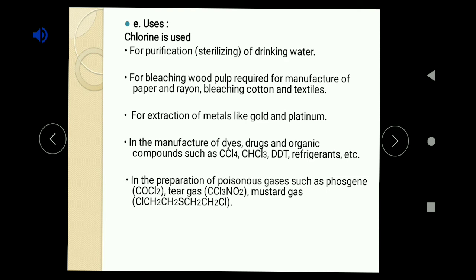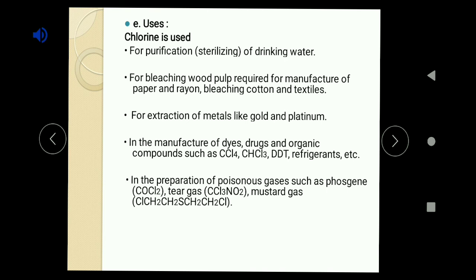Second, what is the action of chlorine on hot and concentrated alkali as well as cold and dilute alkali? Remember, you have to write both these questions in particular.